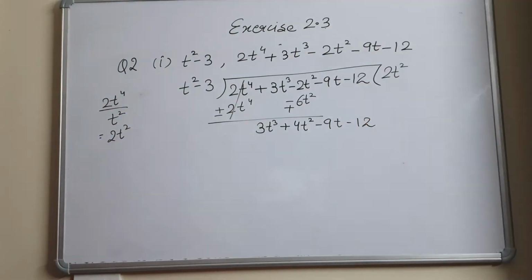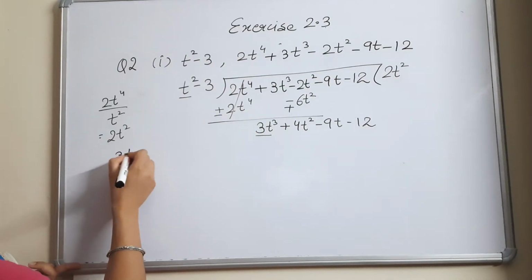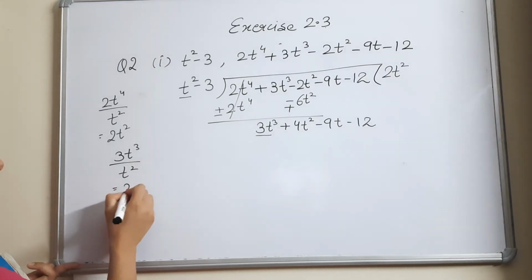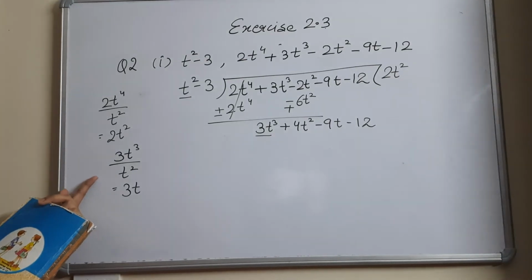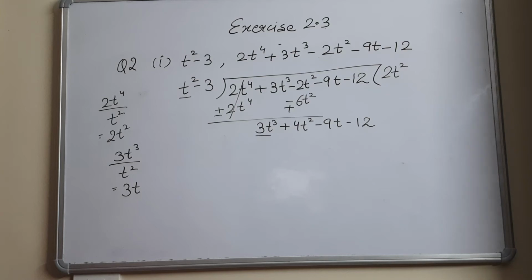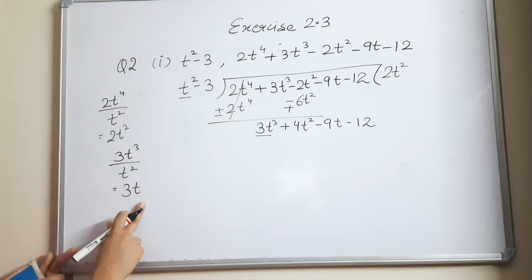So next we will calculate the second term. Focus on this and this. So you have 3t3 by t square, and you are left with 3t. This is just a simple calculation. You people must have done this calculation in class 8, so I need not explain it here.